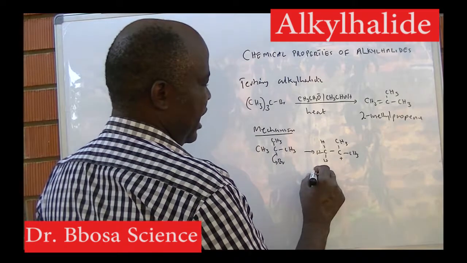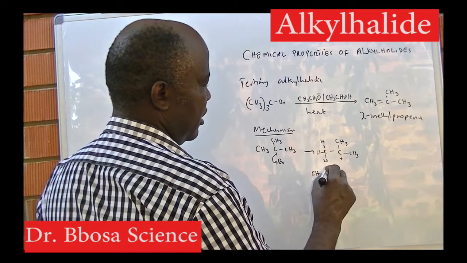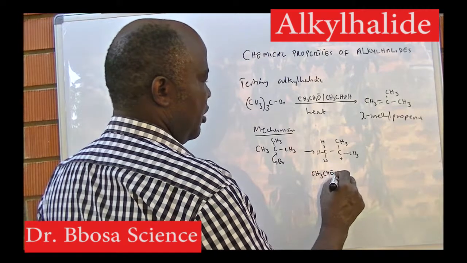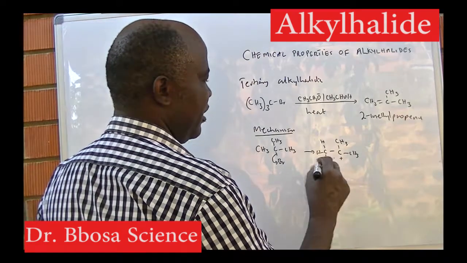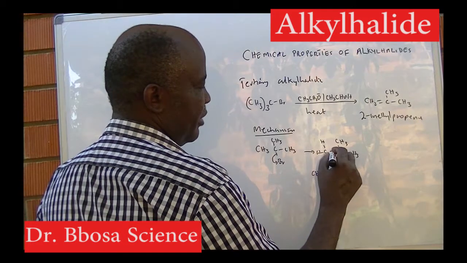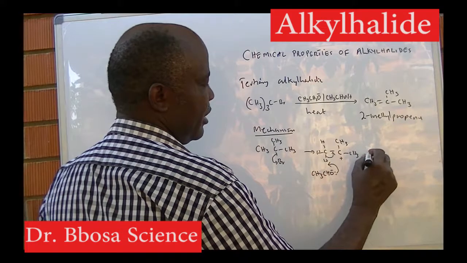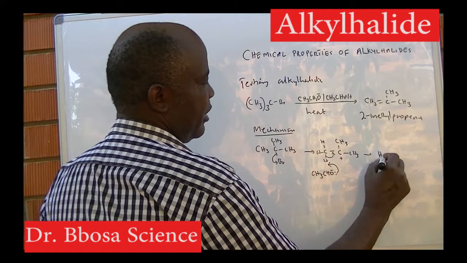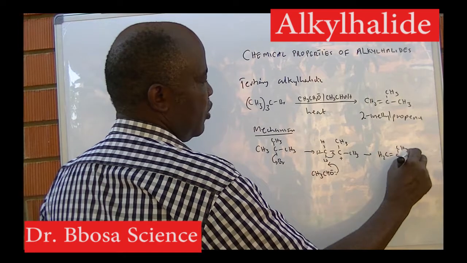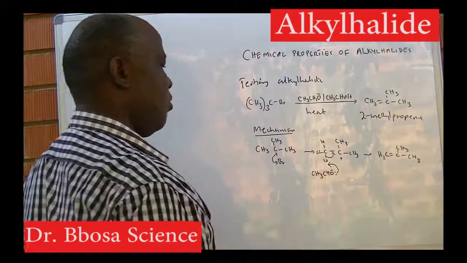Then the ethoxide ion uses a pair of electrons to abstract a proton from the carbon next to the one carrying a positive charge. The double bond forms. Then you get 2-methylpropene.